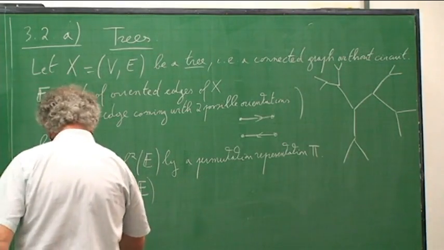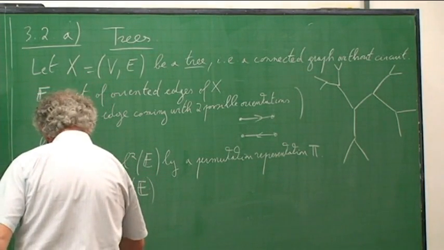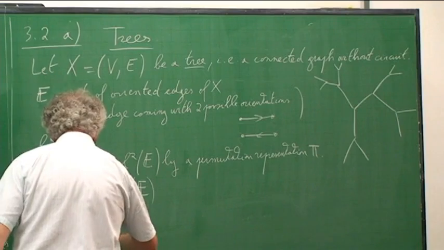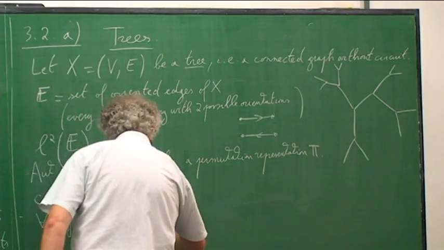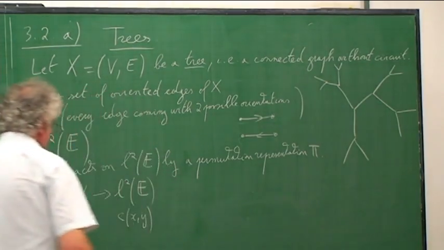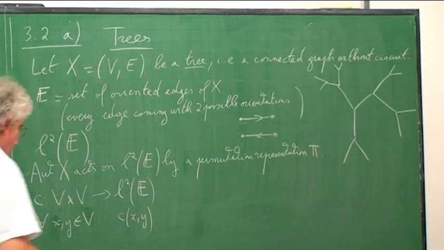So this means that whenever I take two vertices, x and y, in the tree, I want to define the function c of xy. Actually, it will be a function with compact support, with finite support, which guarantees that it is L2.